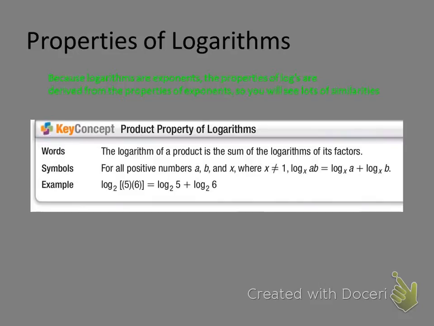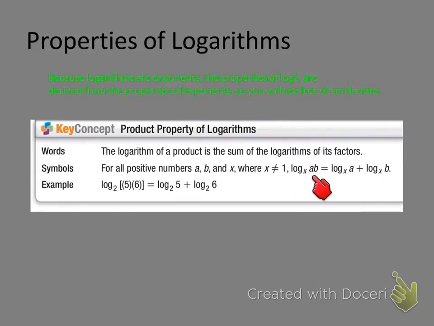If you look at these two logs, you see how they have the same base, so you have log base x of a plus log base x of b. You can rewrite that as log base x, the same base, of a times b. So basically you can rewrite sums of logarithms as one logarithm with a multiplication.